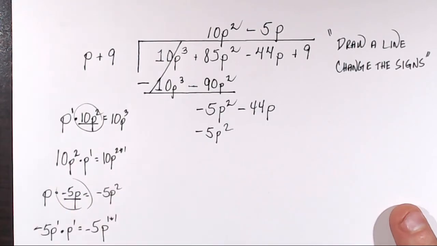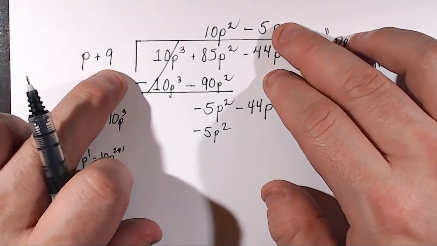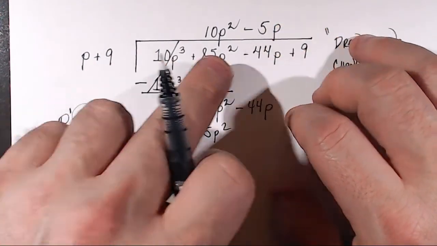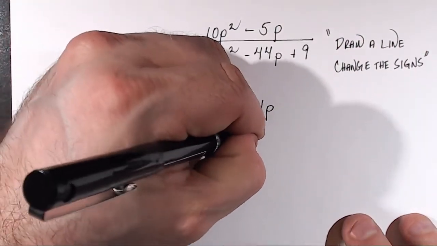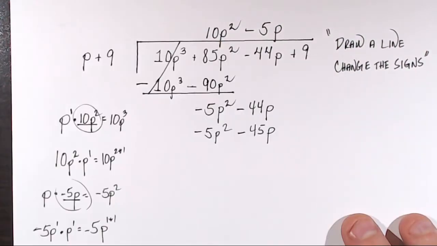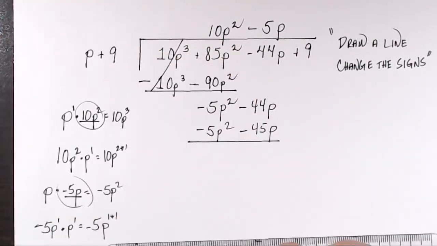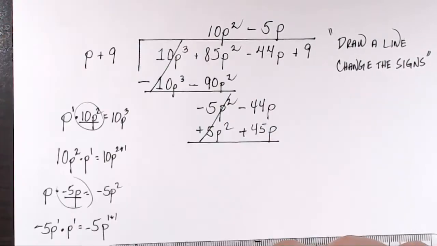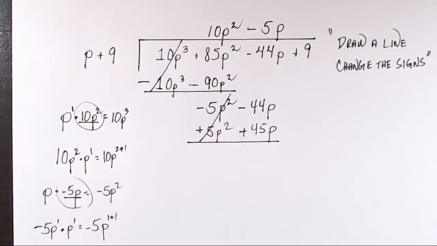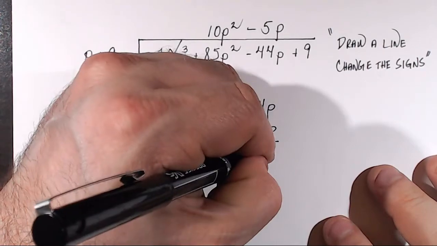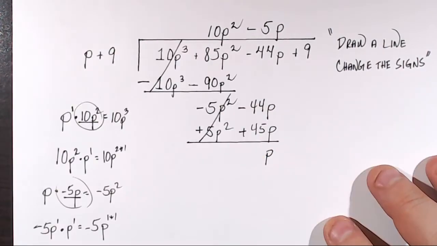Negative 5p times 9: multiply 9 and negative 5, you get negative 45p. Draw a line, change the signs. Stack and add, these cancel out. Negative 44p plus 45p equals 1p, which we can just write as p.